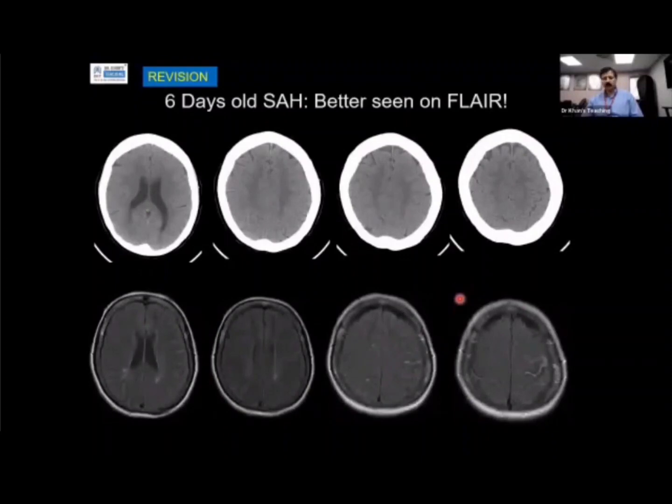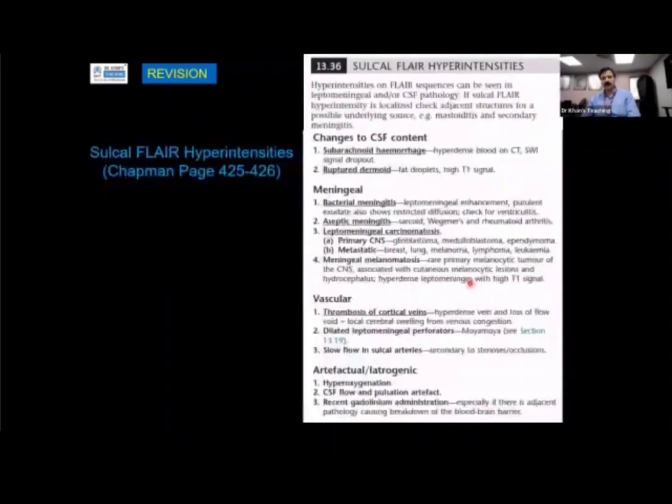Subarachnoid hemorrhage, of course, will not enhance, and other processes will enhance. So this is sulcal FLAIR hyperintensities. This is from your book, and all of these things can happen: bacterial meningitis, aseptic meningitis, carcinomatosis, etc.